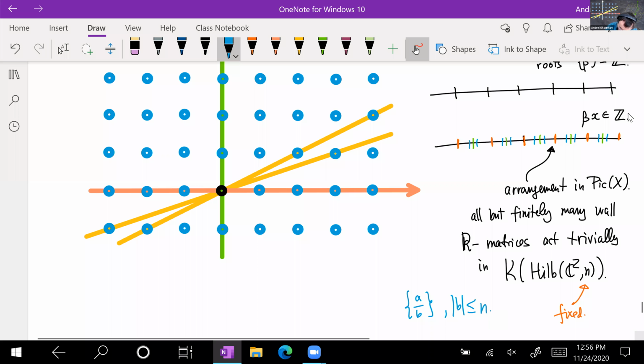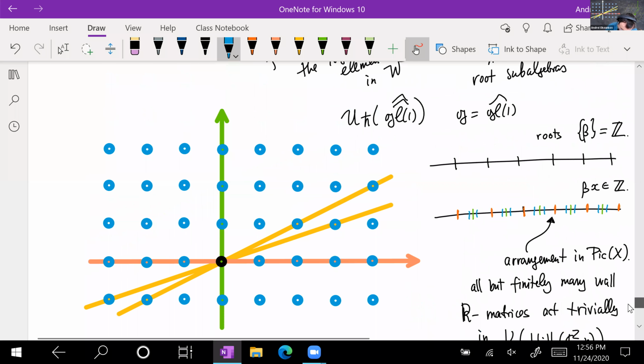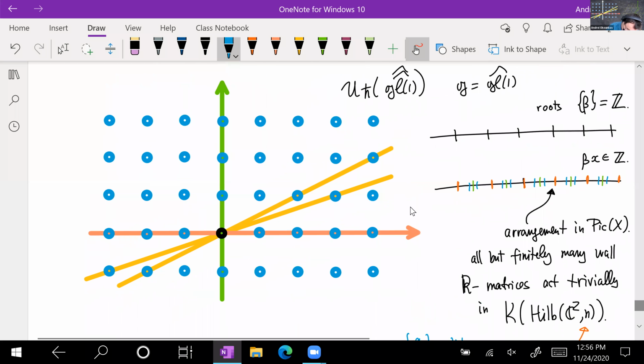And so then the corresponding subalgebras will be different. This would be this horizontal subalgebra, U_h bar at slope 0. This would be U_h bar at slope 1/3.